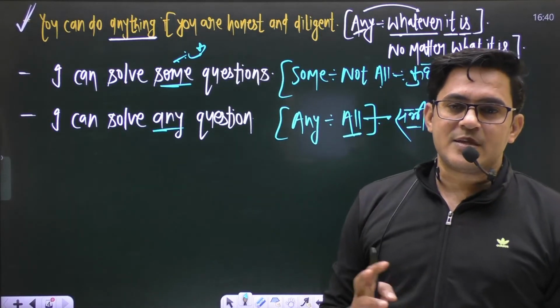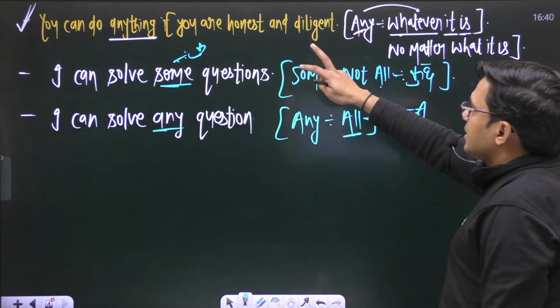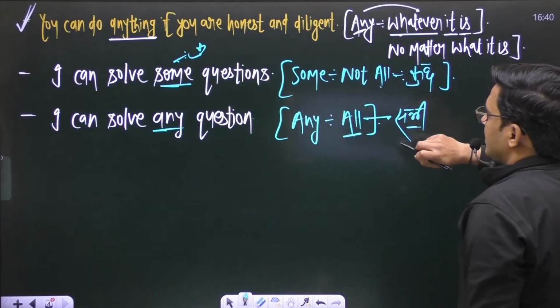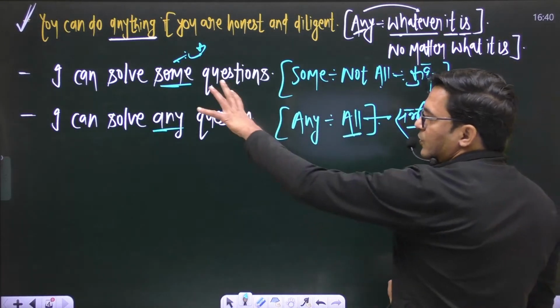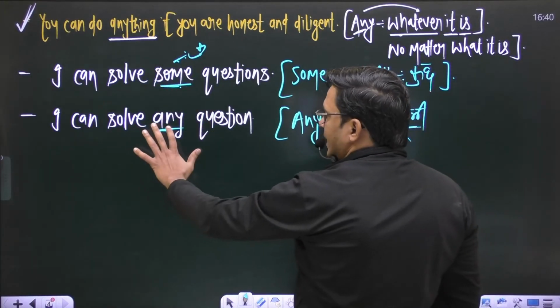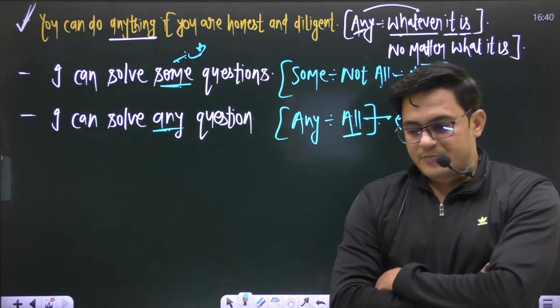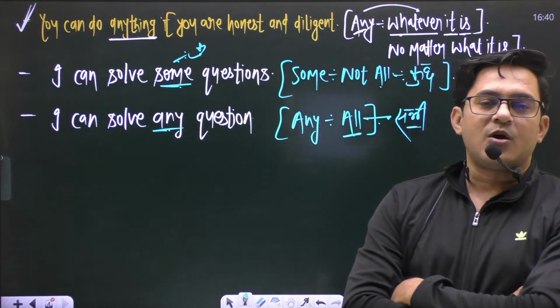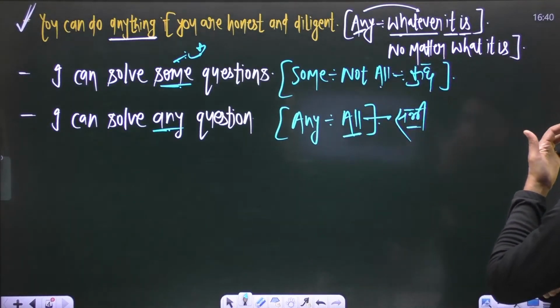You can do anything if you are honest and diligent. Anything means no matter what it is. So same thing, I can solve some questions means not all, and I can solve any question means all questions. This is also the difference between the meaning of both the words, right? So remember these things also.